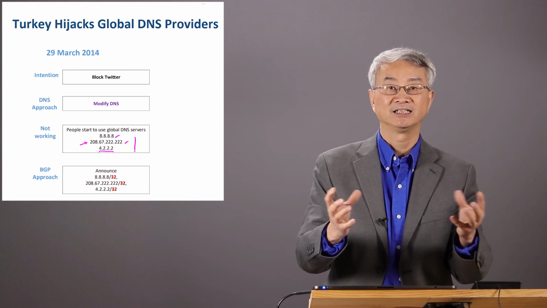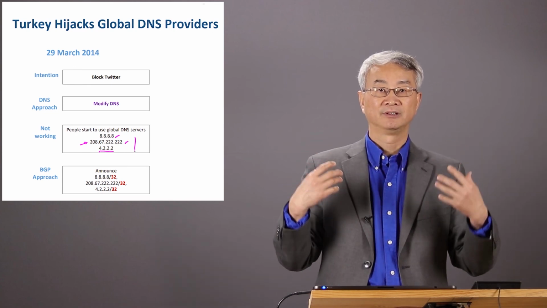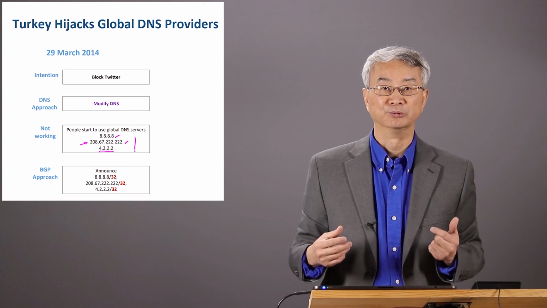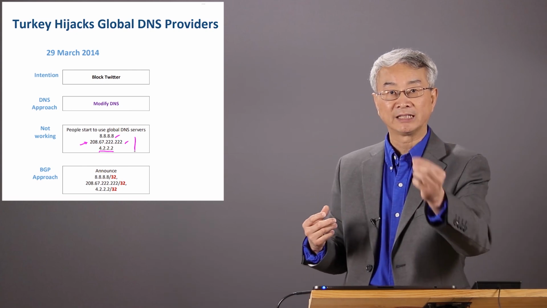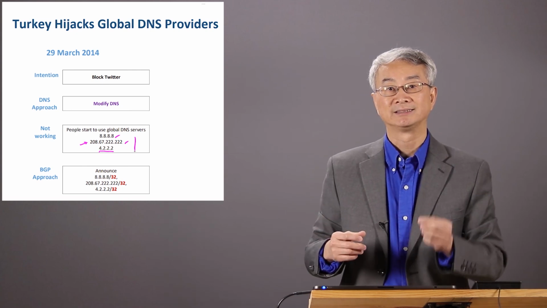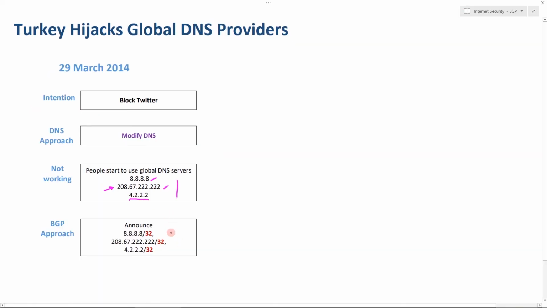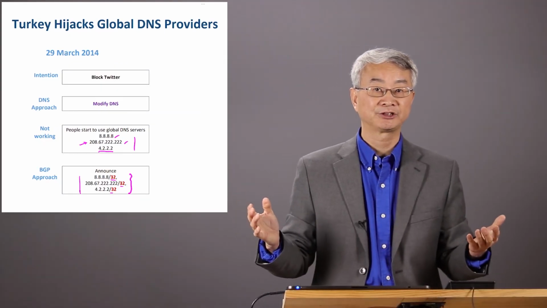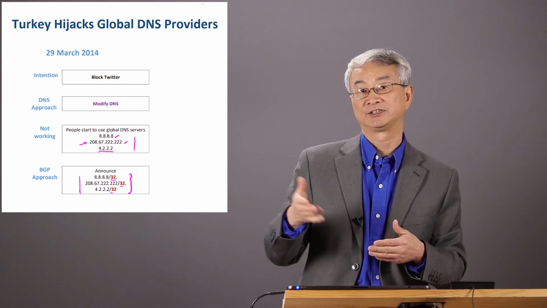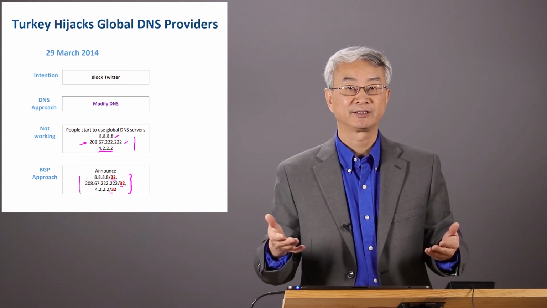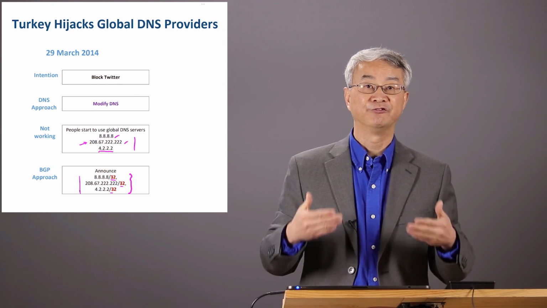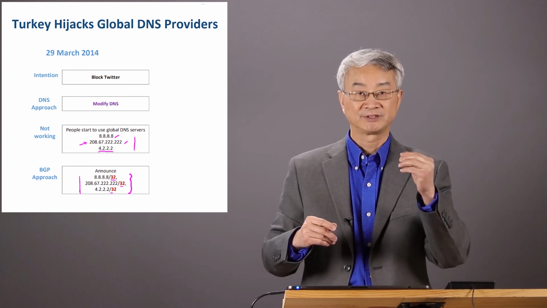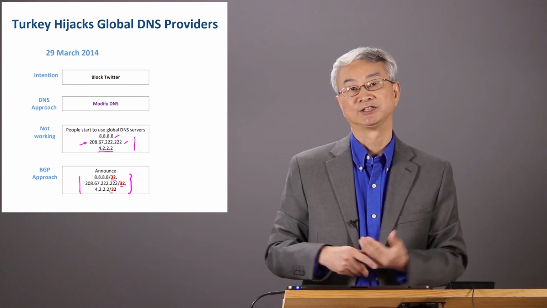The BGP announcement got out, and that got spread to the entire world. The particular network prefix they actually used is the /32. They basically announced /32 for these 3 DNS servers. And obviously, you're going to hijack all of them because /32 is the most specific prefix you can have in the IPv4 space. So they successfully hijacked those DNS servers.